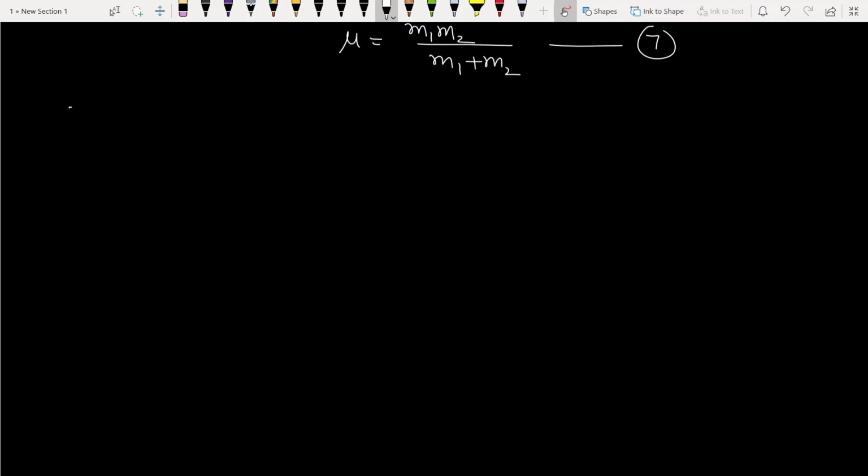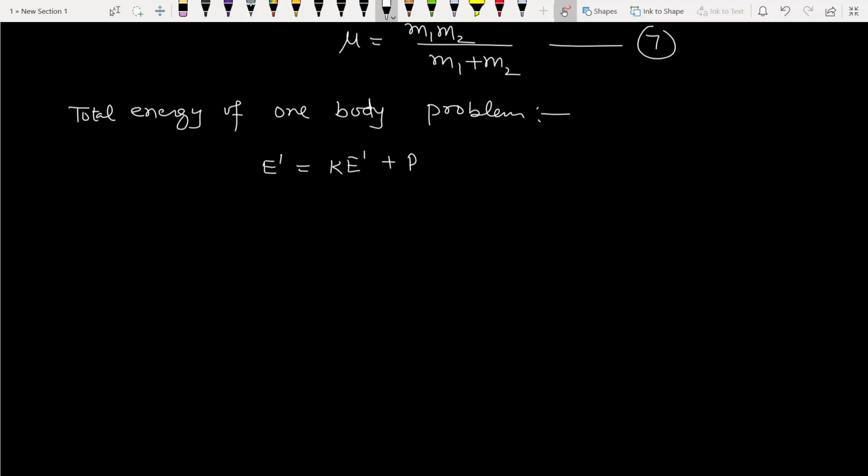The total energy of the one body problem after the reduction is given by E dash. Earlier we used the symbol E, now it is E dash. It is kinetic energy dash plus potential energy dash. Now the two bodies have been reduced into one body whose mass is mu and whose velocity is v.